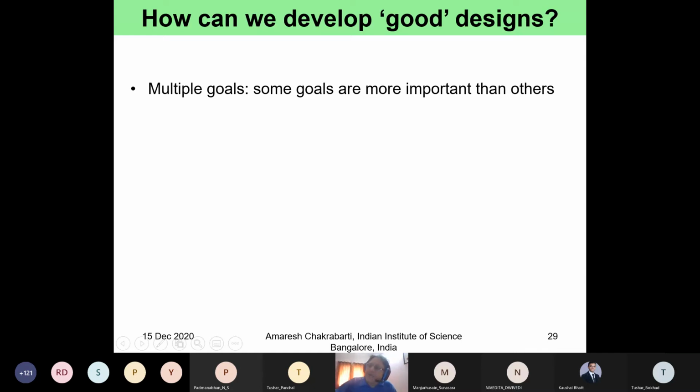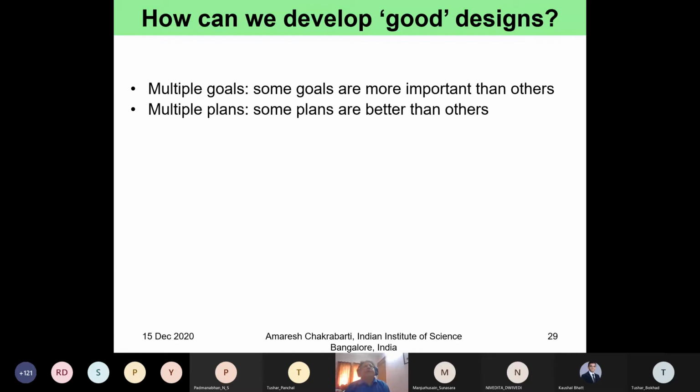But there are actually many more goals than you can design for. So some goals are actually more important than others. Giving physical protection is more important than all the other ones. Not allowing some of the elements is more important, and so on. Second is that whenever you have a design problem, there are multiple ways of satisfying the goals.